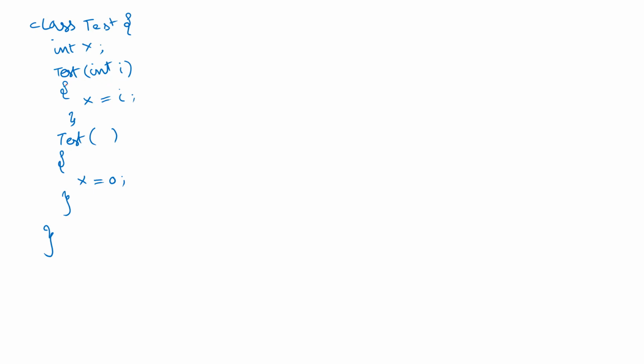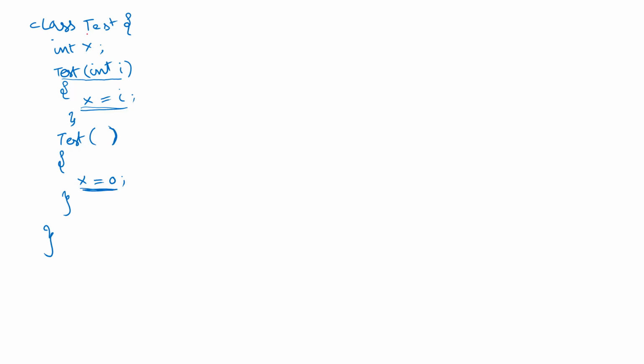And here we are creating a constructor with parameters, Test(int i), and we are assigning the value of i to the x variable here. And I am creating a default constructor, that means with no parameters, and I am assigning a value of 0 to x in this one.